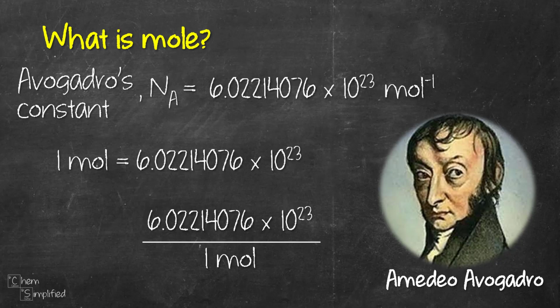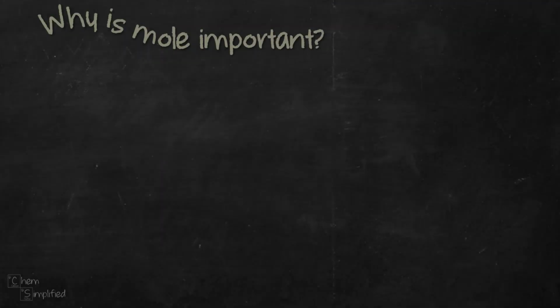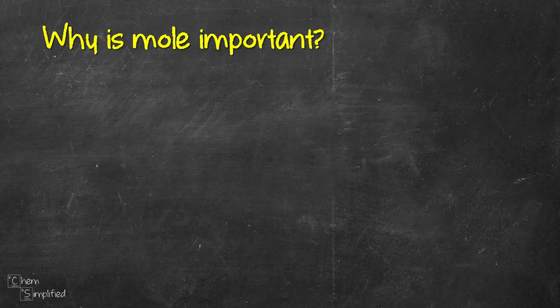Usually we round it off to 6.022 times 10 to the 23, and that's accurate enough for our daily calculations. Now that we're clear about the mole, the value 6.022 times 10 to the power of 23, and Avogadro's number, let's see how we can use the mole and why it's important.